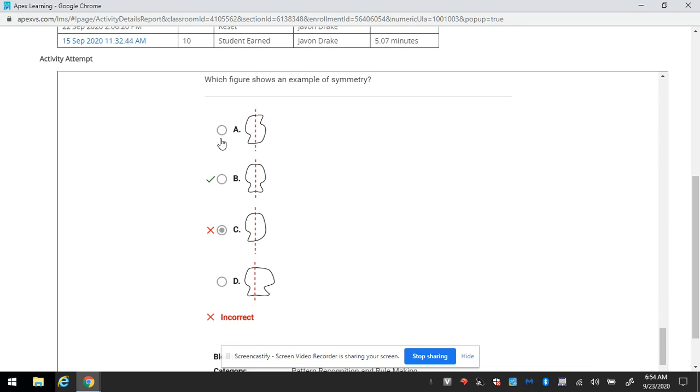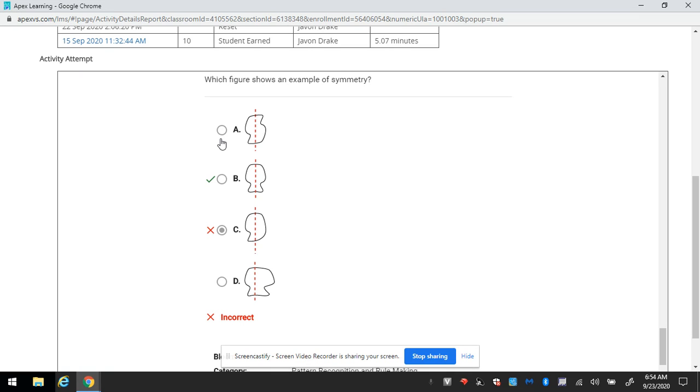And let's look at 9, which shows an example of symmetry. Symmetry means it cuts something in half. So that is also on your study guide, and it gives you examples of symmetry.